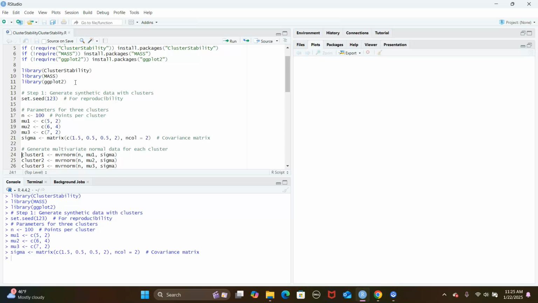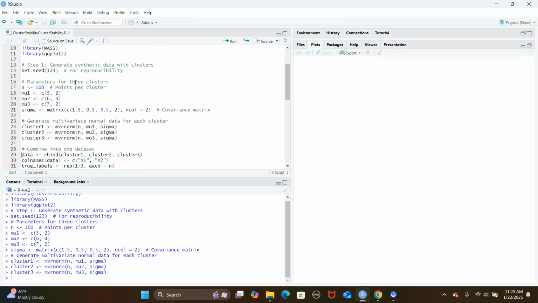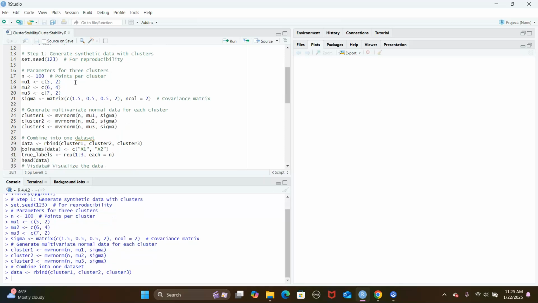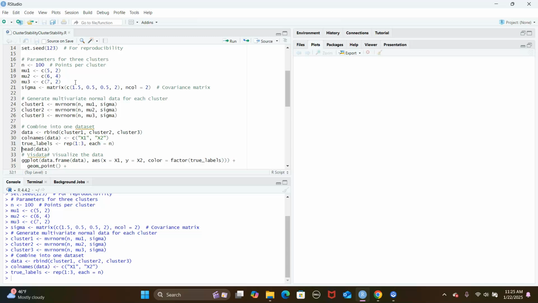Then we'll use the multivariate normal distribution function in the MASS library to create 3 clusters, combine them together, give them column names, and we have the true labels here.